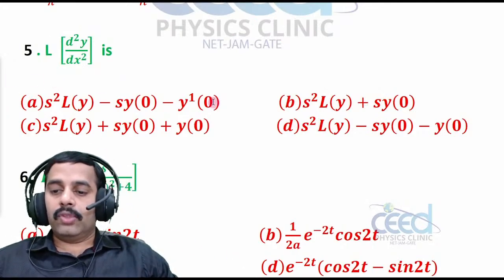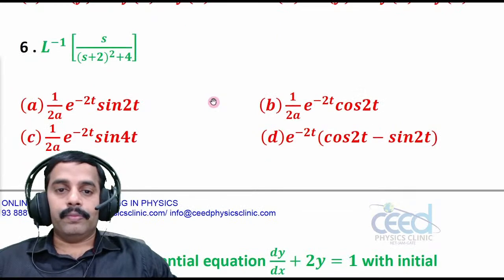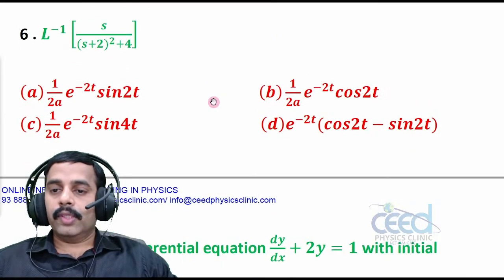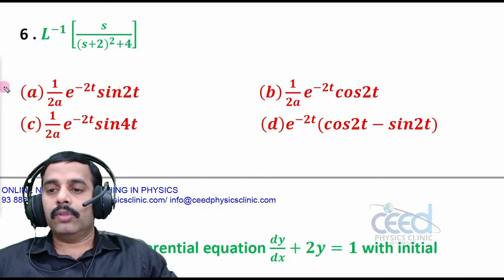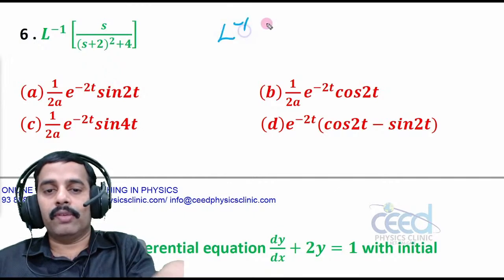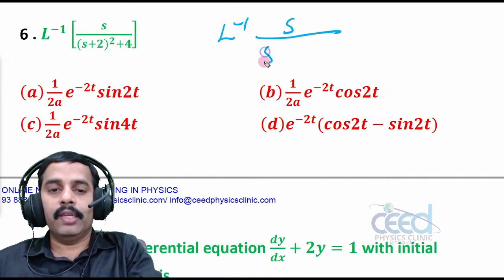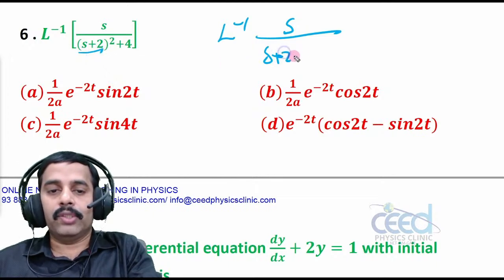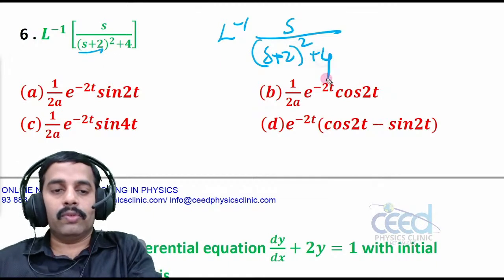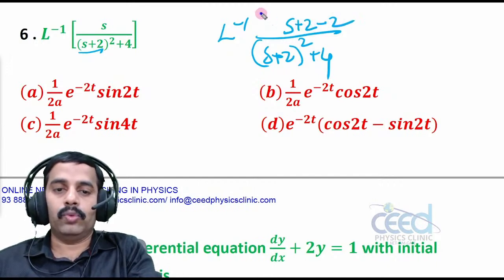Now we have another question here. Laplace inverse of s by s plus 2 whole square plus 4. Let me write this as Laplace inverse of s divided by, here the denominator has s added with 2, so we have to make the similar term in the numerator, s plus 2 minus 2.